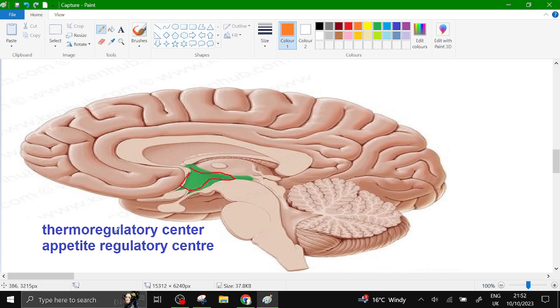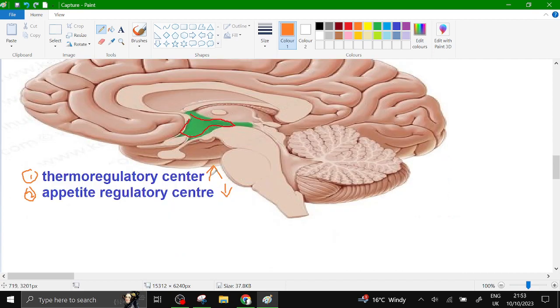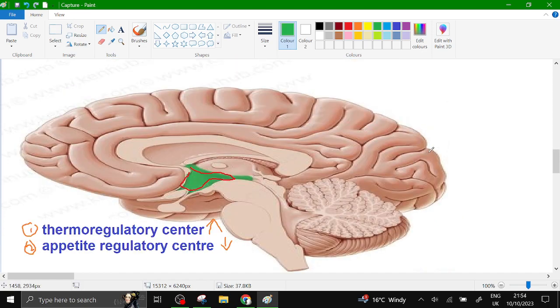The ones that the TNF will target are, number one, the thermoregulatory center, and the second one is the appetite regulatory center. So for the thermoregulatory center, it will increase it, however the appetite, it will decrease it. As a result, the patient will have fever or high temperature, and the patient will have appetite suppression or loss of appetite. So that's number one that the TNF will target, which is the hypothalamus.